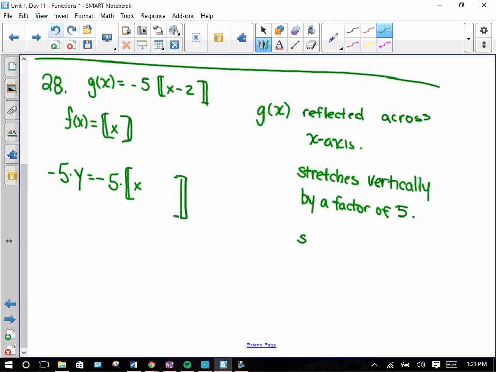So shifting right 5 units? Okay. Yes, and then back up to it.